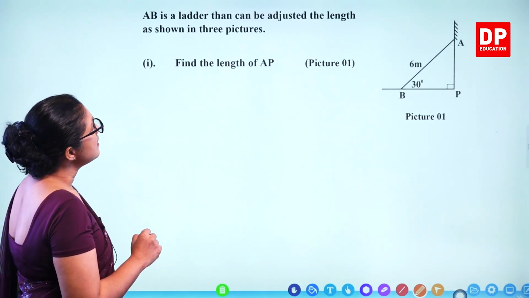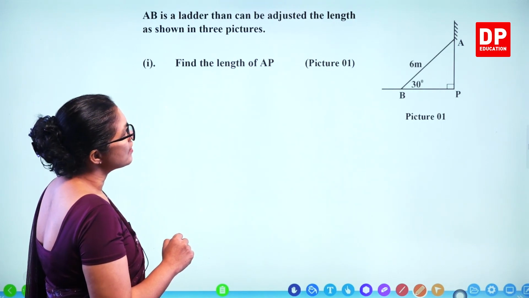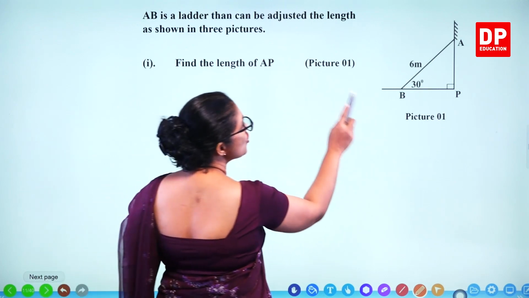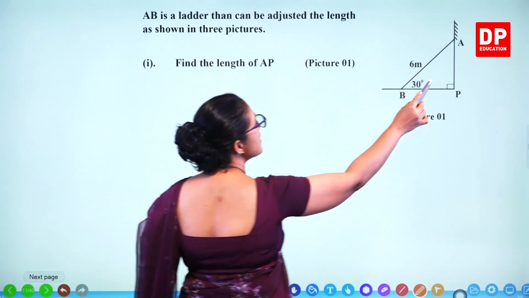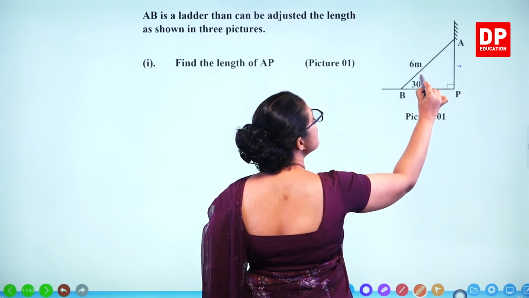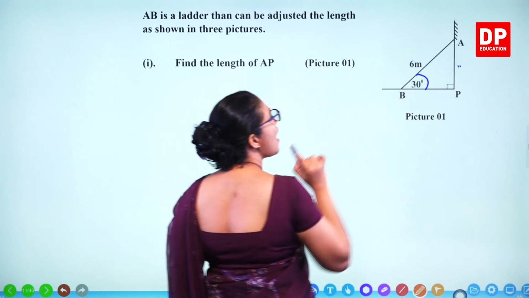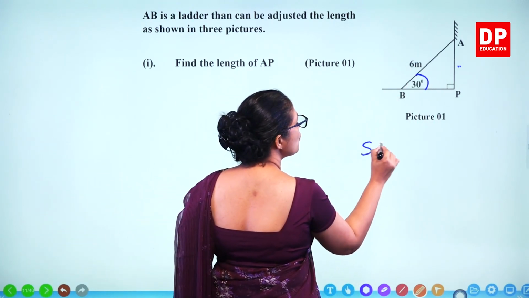AB is a ladder that can be adjusted in length as shown in 3 pictures. Find the length of AP in picture 1. Length AP, that's this height. This is the angle given, this is opposite and this is hypotenuse, opposite and hypotenuse according to the ratio SOHCAHTOA.